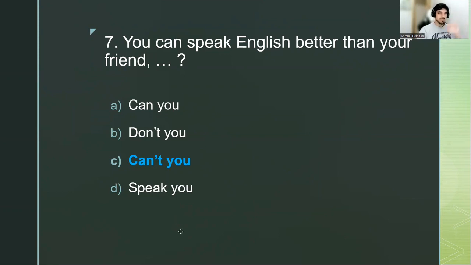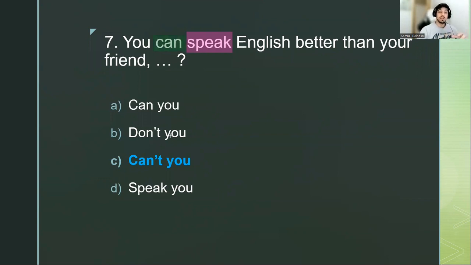Let's follow some simple steps. We have to locate first the verb. Which one is the verb? Speak, right? Perfect. Okay. Is there any auxiliary verb, modal verb that we can see? Exactly. Can. Can is a modal verb.